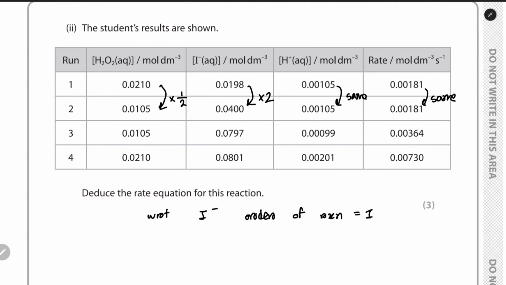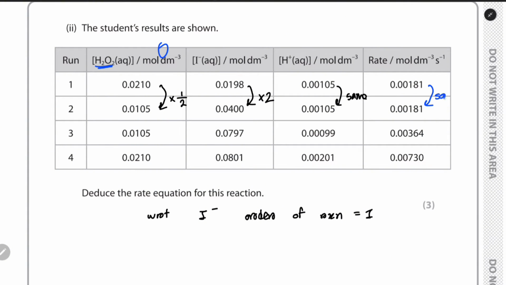Now, if only I minus had changed and it was doubled, the rate of reaction should have doubled. However, halving this causes this to remain the same. So, if the order of reaction with respect to H2O2 was 0, this should have doubled. So, this should have become 0.00362, but it still remains the same.